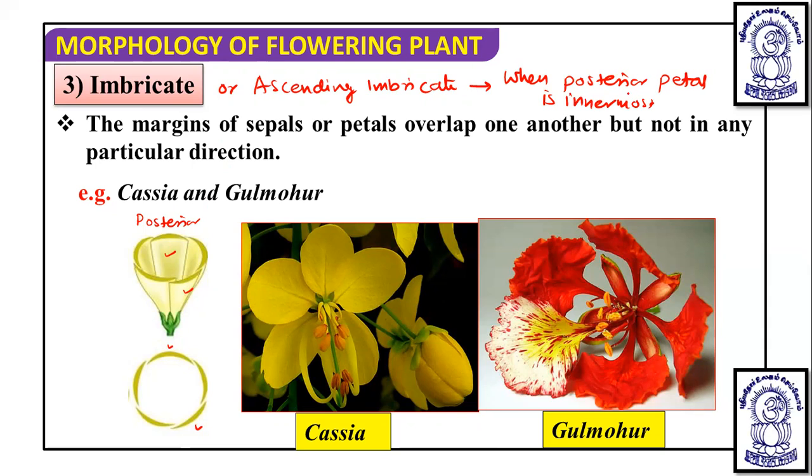So when such a condition is seen, you can see here this is the innermost, overlapped on both sides, and this one is overlapping here and getting overlapped by here. Such a condition you can see. Same you can see in Gulmohar also. Gulmohar is also known as Delonix regia.